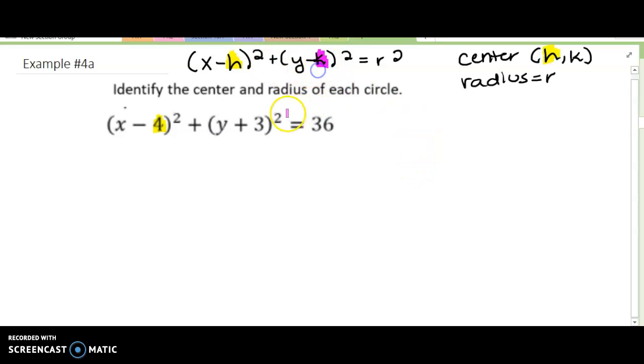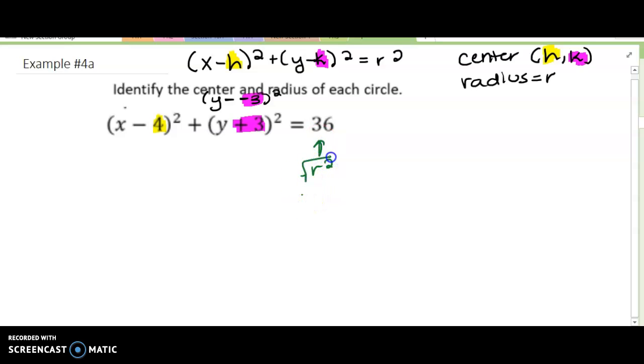My k is right here, so think of this as y minus a negative 3. So this would be my k. And then my r squared, this is my r squared.